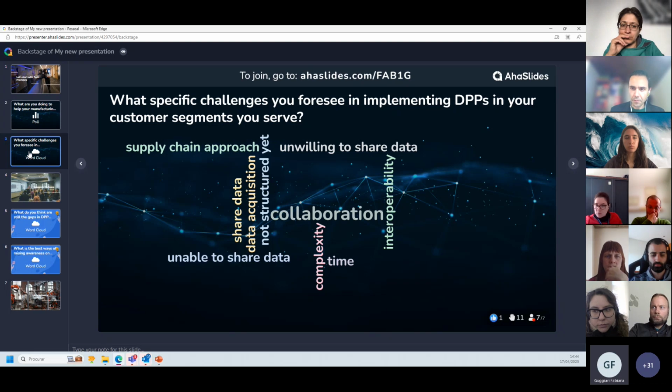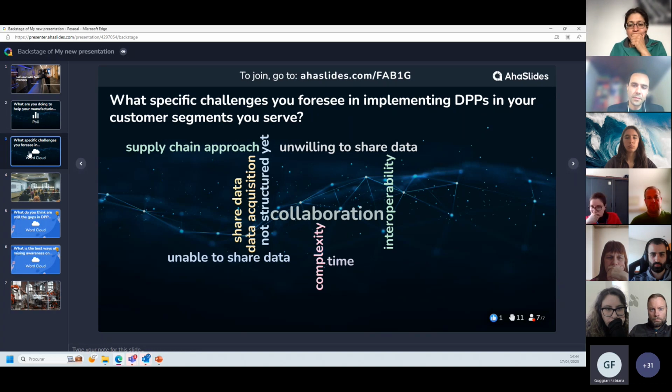This work is related to the data sharing challenge. So it's related to the unwillingness of some of the actors of the supply chain to provide data or the complexity in providing this data. So yeah, this is what I mean with this input.